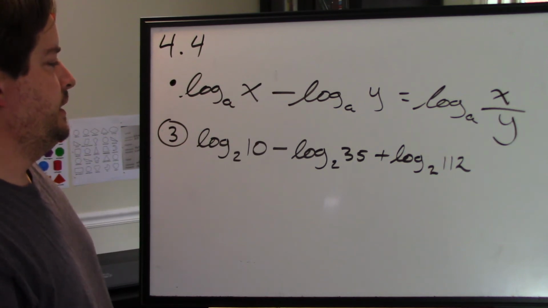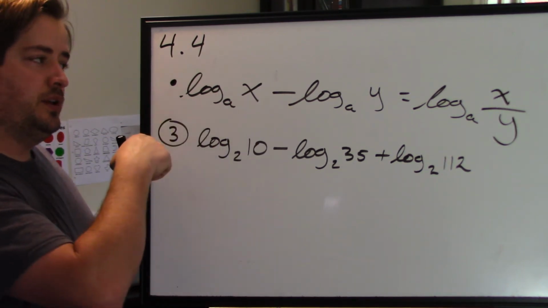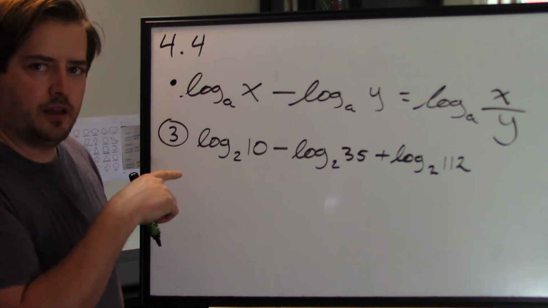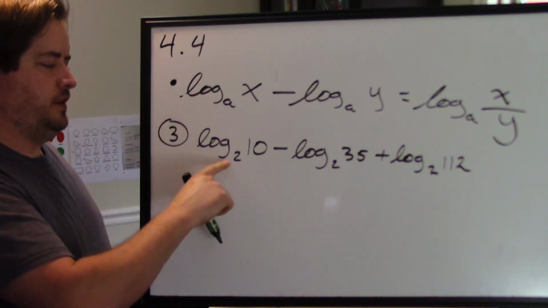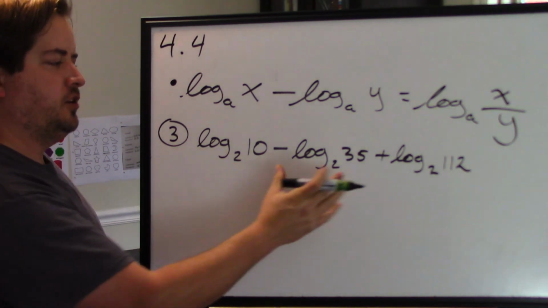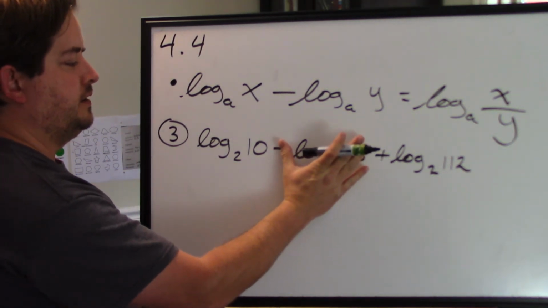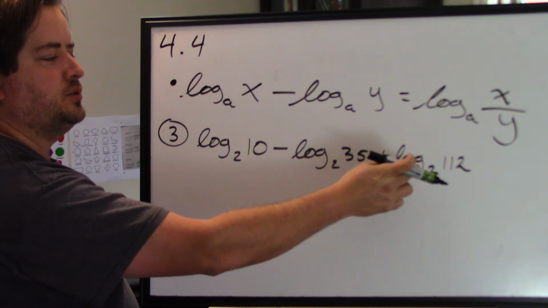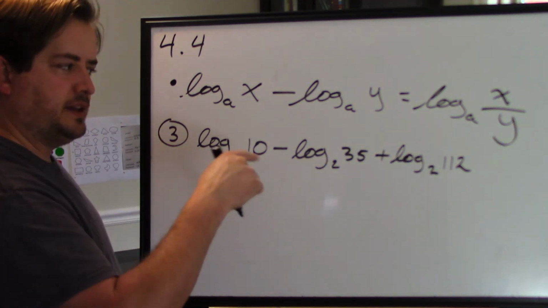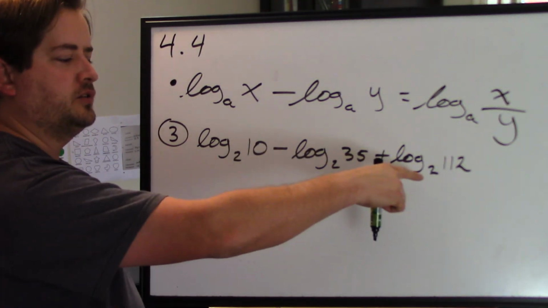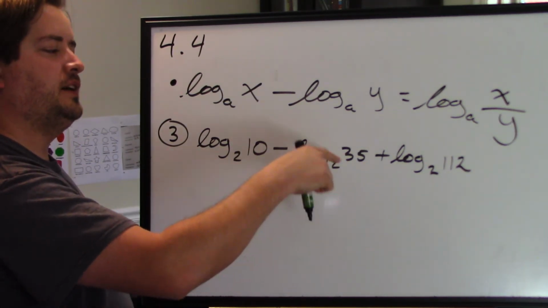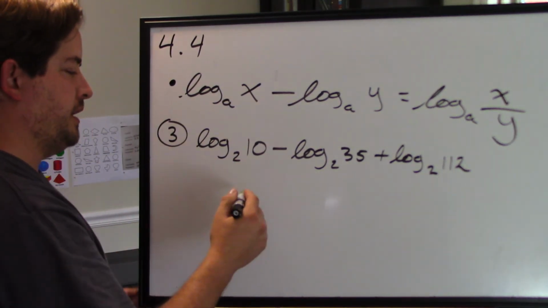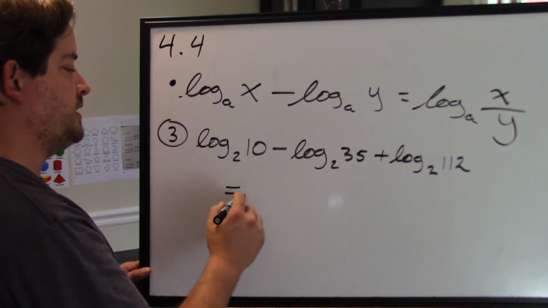So it's best to just use the previous law that we did plus this one. If I have log base 2 of 10, I can ignore this middle one for a second. Log base 2 of 10 plus log base 2 of 112 is going to be the log base 2 of 10 times 112. And then I have minus log base 2 of 35, so it's going to go in the denominator. So I'm using both of them simultaneously.